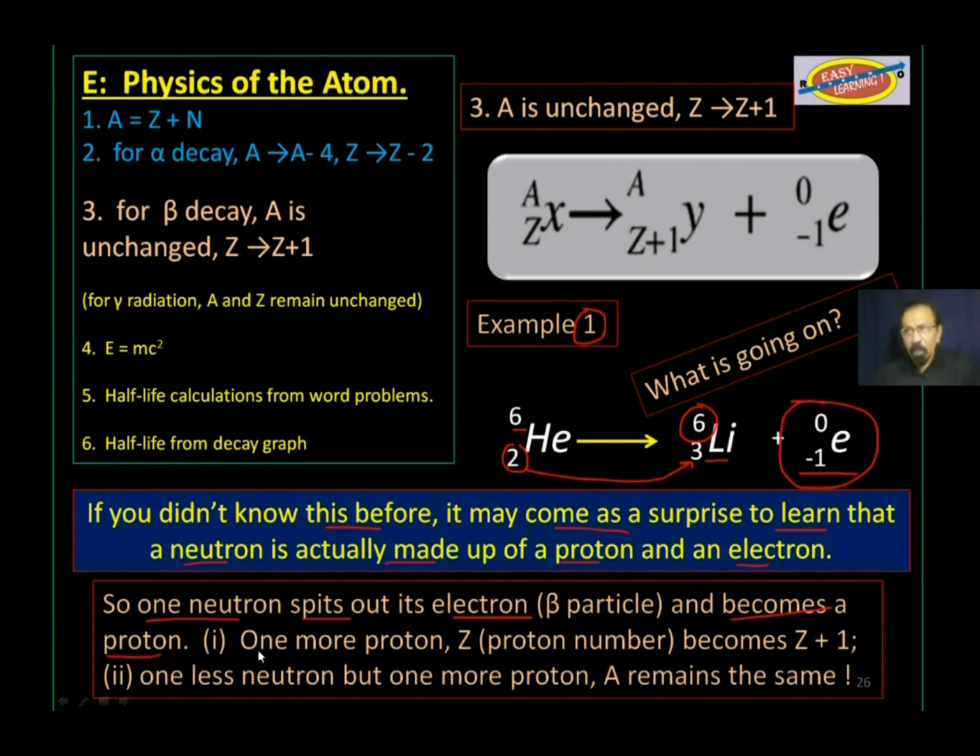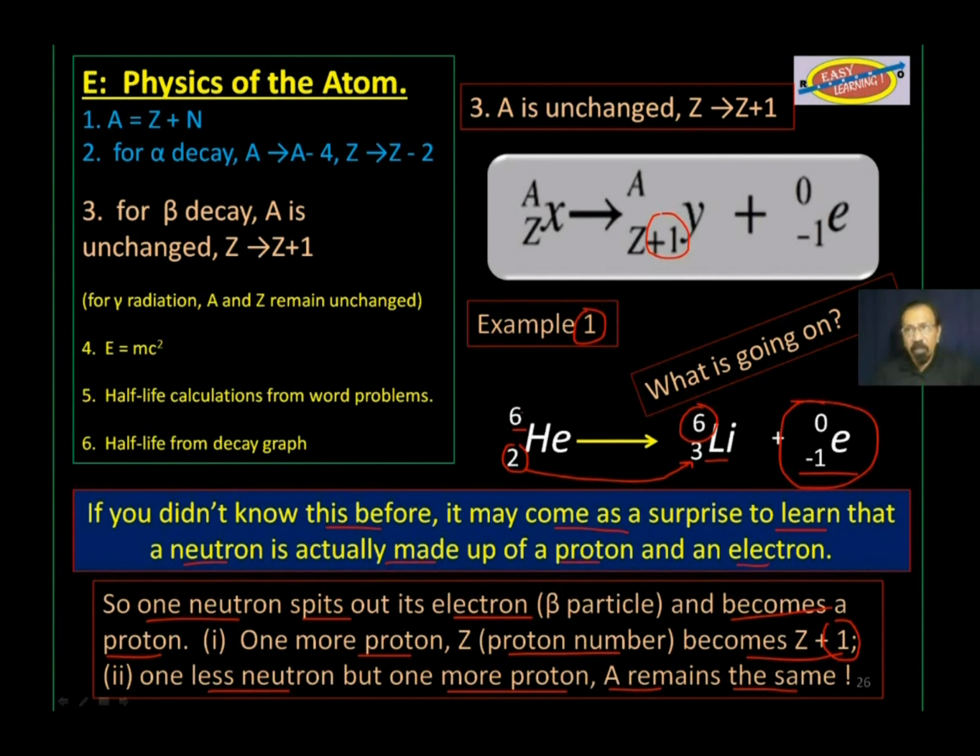One more proton means that the proton number increases by 1. That is where you get this plus 1 from. Proton number increases by 1. But since you have one less neutron and one more proton, then the total number of items in the nucleus, A, remains the same.